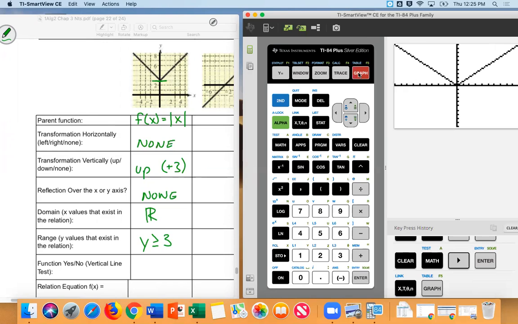And then the more we do this, the more I'm going to get away from y. I don't like y as much. Does that make sense to you? See how I'm starting to phase out y? F of x. You see that? So those two, what would I say? F of x is greater than or equal to 3. So we call it f of x, not y anymore? I'm going to start moving that way.